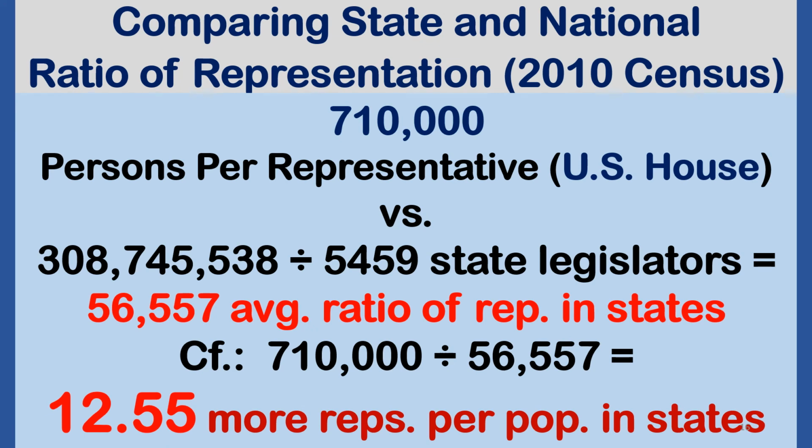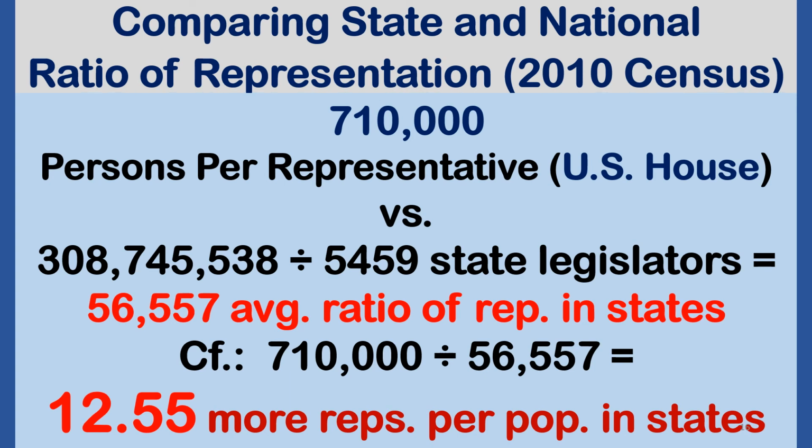This leads us to calculating another representation multiplier to account for the Dormant Commerce Clause expanding federal power into local interests. So using the 2010 census numbers, we had 710,000 people per representative at that time. And all of the state legislators in the houses of representatives in the states, or they also are called assemblies, total 5,459.